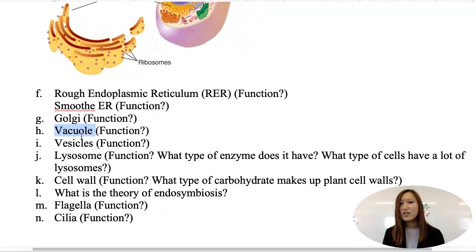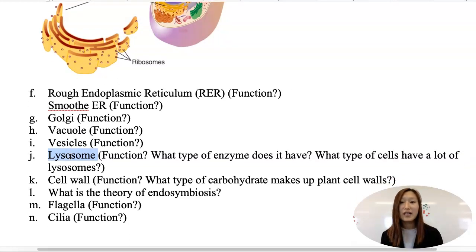Vacuole is a structure that is mostly in plants. And for plants, you have this large central vacuole, this large water tower almost, that stores water for the plant. And then we have vesicles that are in charge of transporting material, basically. We have lysosome that helps break down material that is no longer needed in the cell usually.